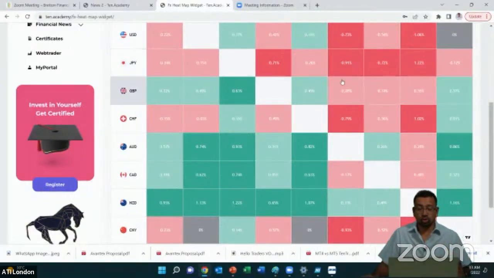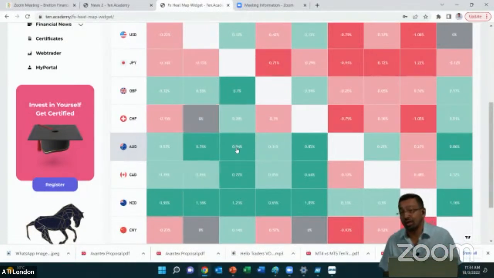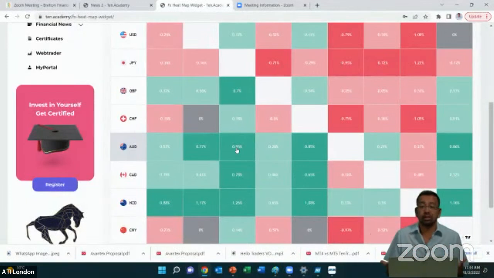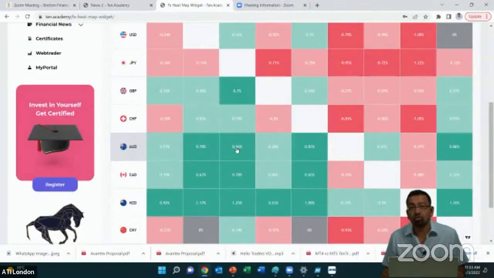We've got bullishness on NZD, CAD, AUD. Now, this is also very interesting. All three of them are commodity currencies, with commodities in their countries to export. There are loads of imports from all other countries buying minerals and various other commodities from Australia, Canada, and New Zealand.